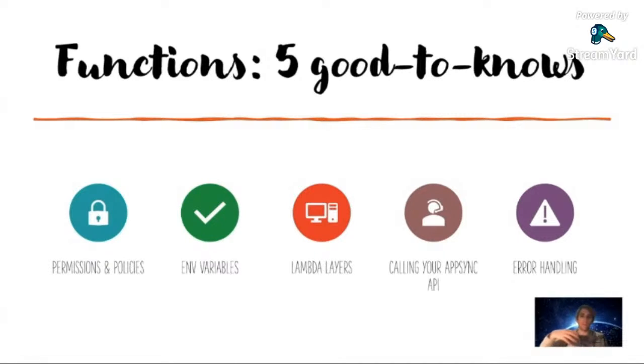So I want to call the API GraphQL endpoint from within the Lambda function. And then how can I correctly handle errors, mostly functional errors? I often see people just throwing.